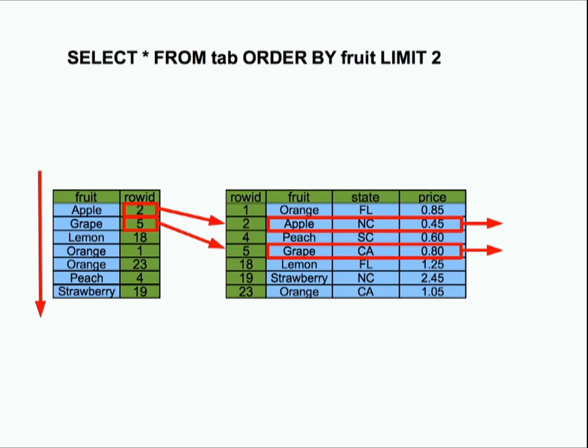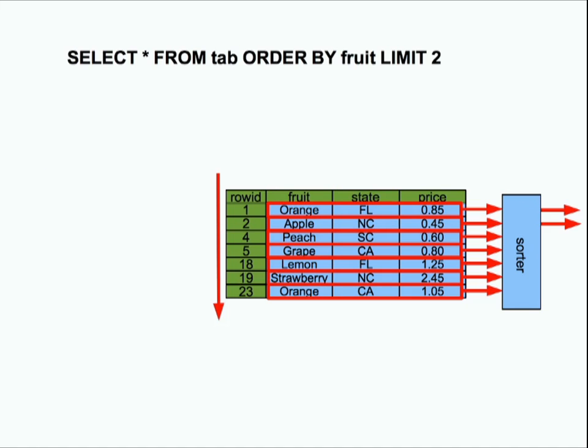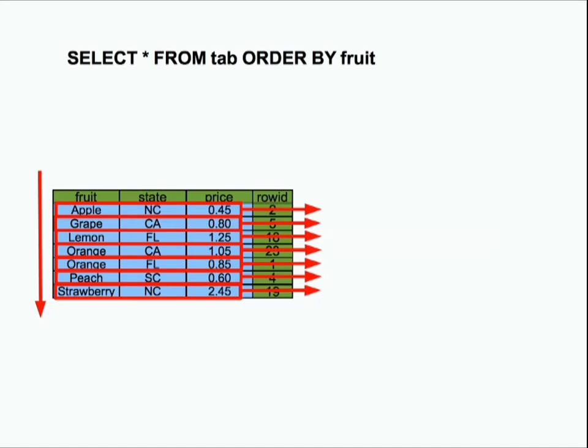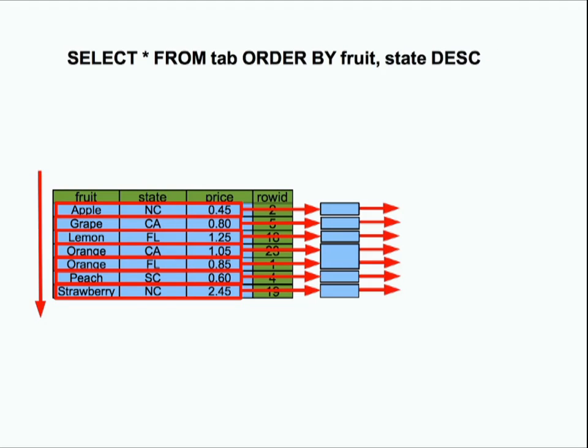If you had to do the full sort, it would have to scan the entire table, load all of that information into memory, sort it all, and then throw away all but the last two. This one, it just looks up the first two, and it's much, much faster that way. That's the slow way to do it. And of course, if you have a covering index, it just scans right down through there, and that works great. And it knows how to scan them backwards as well.